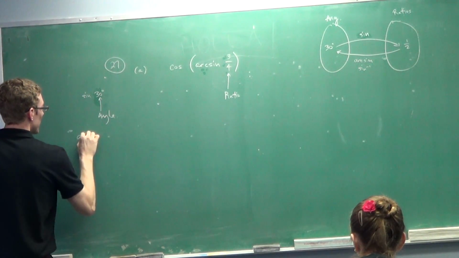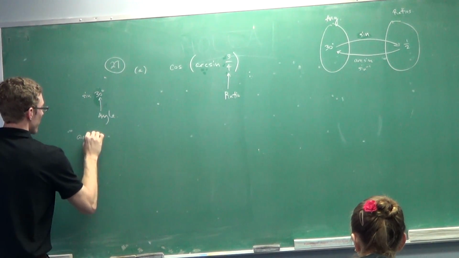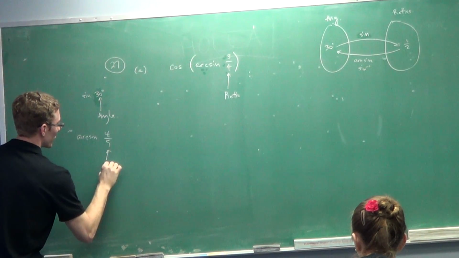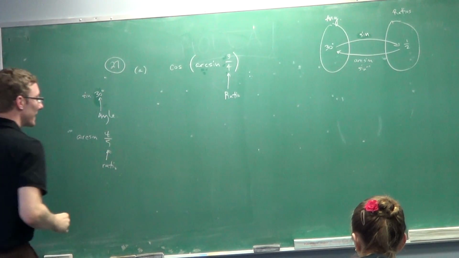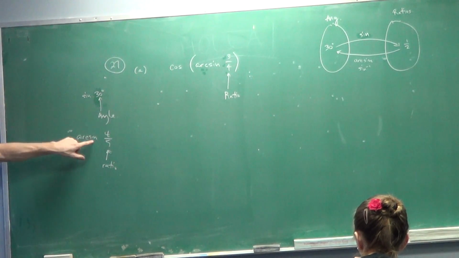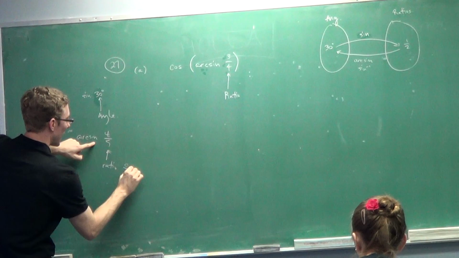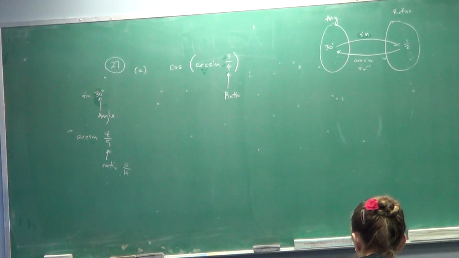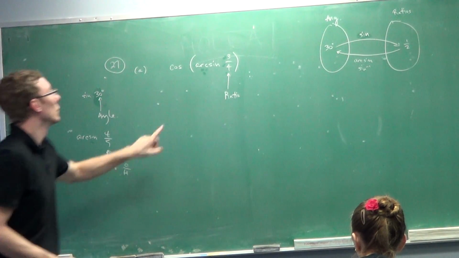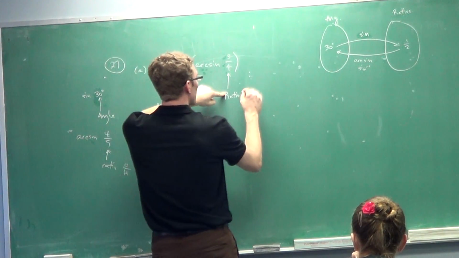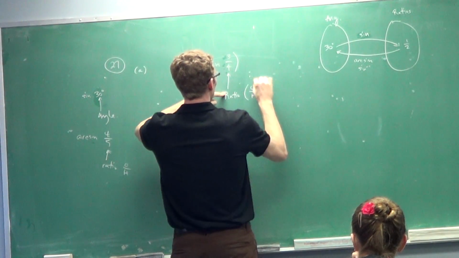But whatever follows the arc sine is a ratio. And not just any ratio, but in the case of arc sine, a ratio of opposite over hypotenuse.